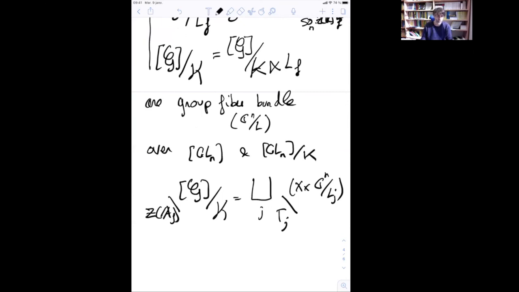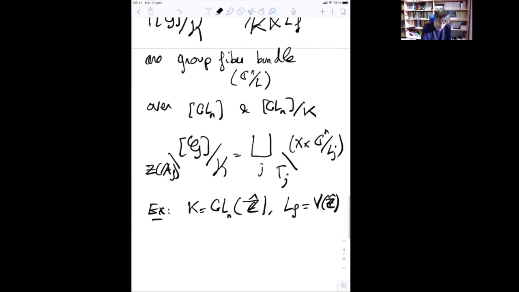So in particular, if you take K to be as above, GL_n of Z hat, the lattice L has to be V of Z hat, so Z hat to the n.